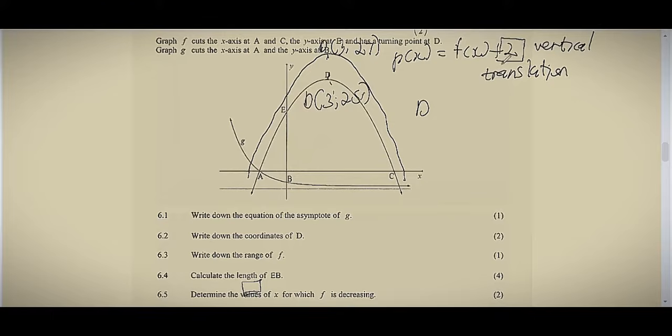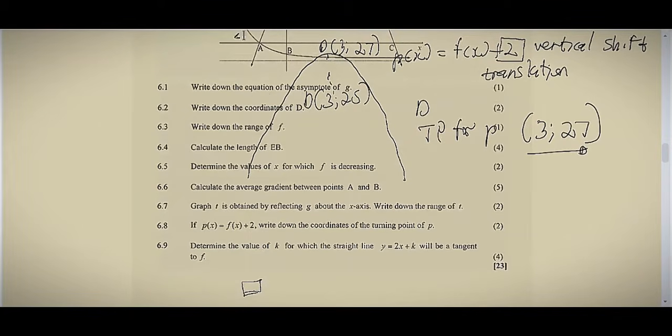So this is a vertical translation, or what we call a vertical shift, so it has been shifted 2 units upward. That means the turning point for the graph of p would be (3; 27), representing that the y coordinate has been shifted 2 units upward. Hope it makes sense.